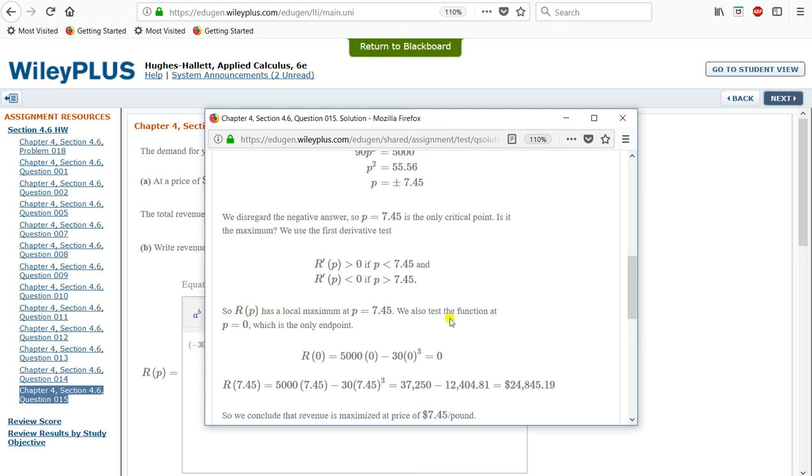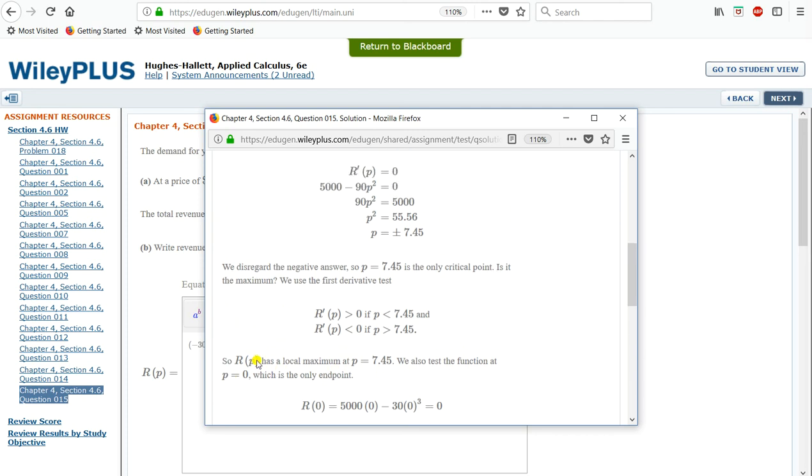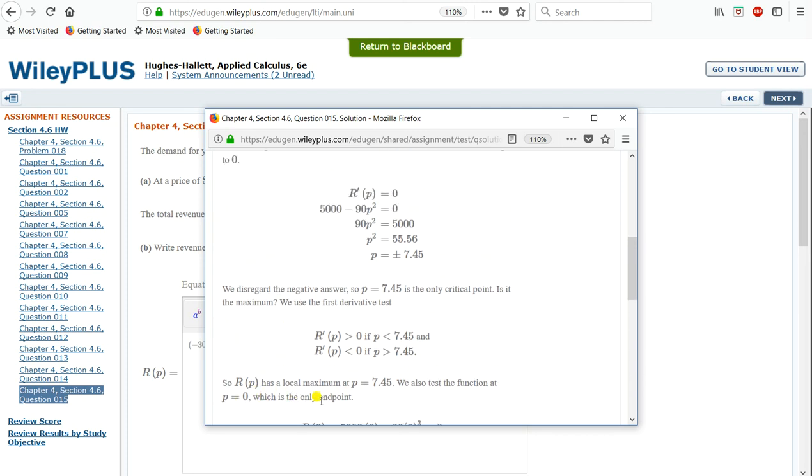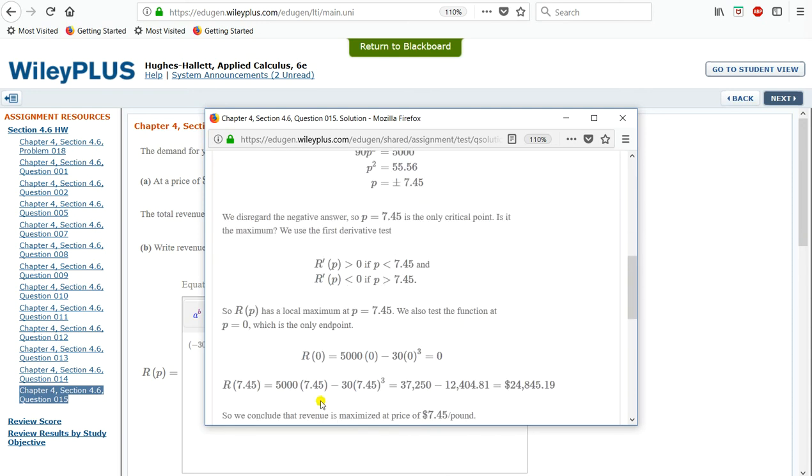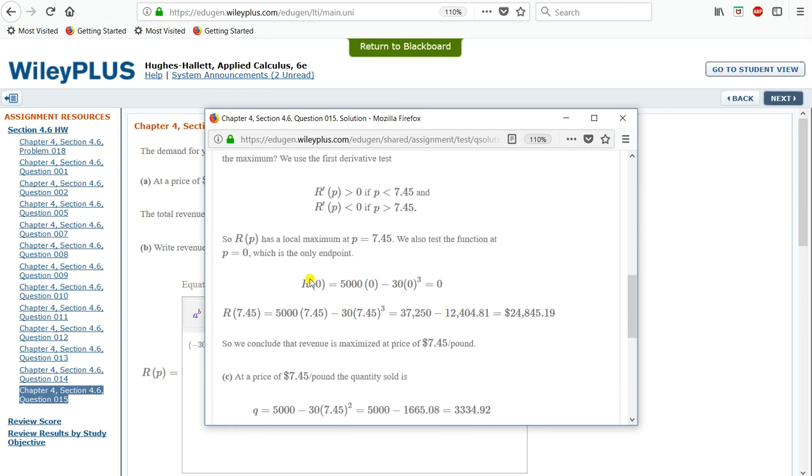We also test the function at P equals 0, the price 0, which is the only endpoint. You're looking for the max value, so you're looking for the revenue when the price is 0 and when the price is at the critical point. When the price is 0, we don't have any revenue.